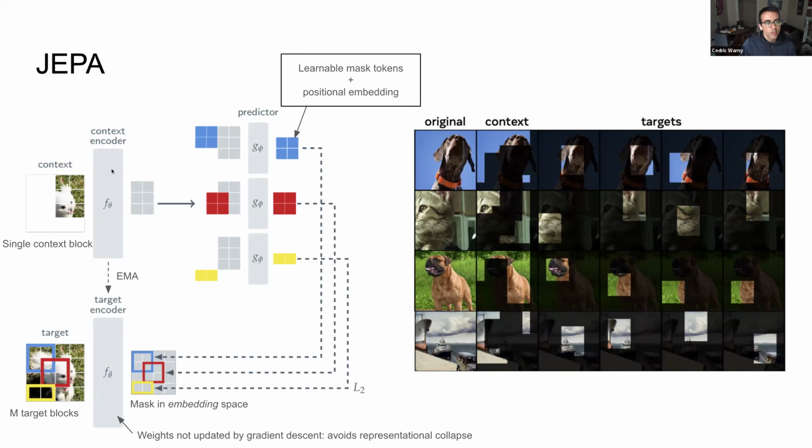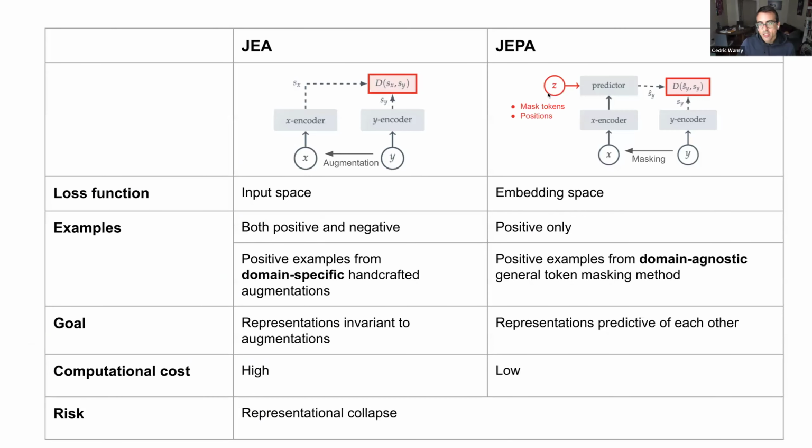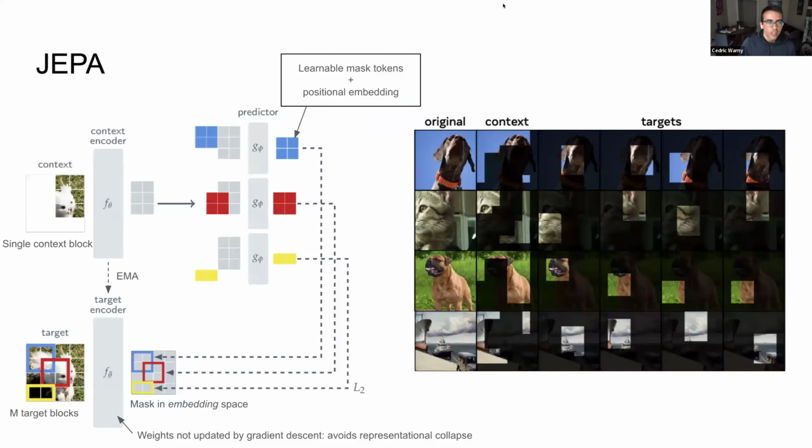And then once you have your context encoder here, so you pass your context to your encoder, you get your output. And then if you remember the little Z thing, you're going to add to the output of the context encoder the mask tokens and the positional encodings, and then that will go through your predictor.